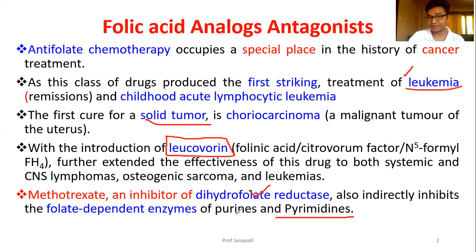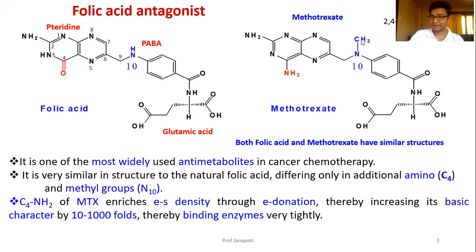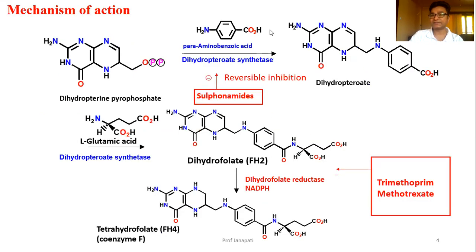So these are some of the properties of folic acid derivatives. I also told that because of the amine group at the 4th position and 10th position, the basicity of this drug is increased such that it binds to the enzyme dihydrofolate reductase more than folic acid.